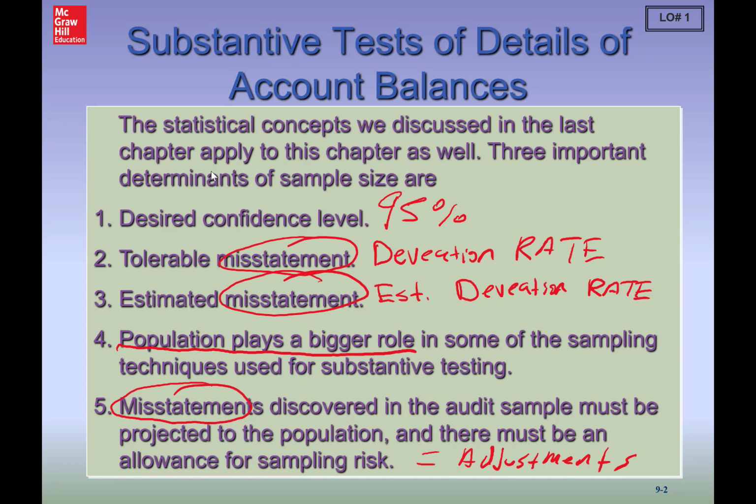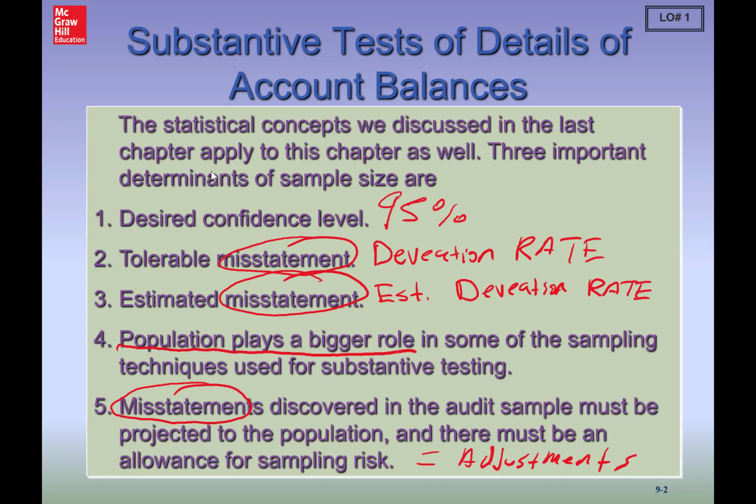These things I've written up here are basically the analogy to our control testing that we talked about last time. Last time we talked about our estimated deviation rate. Here it's estimated misstatement. What do we think the misstatement is going to be?